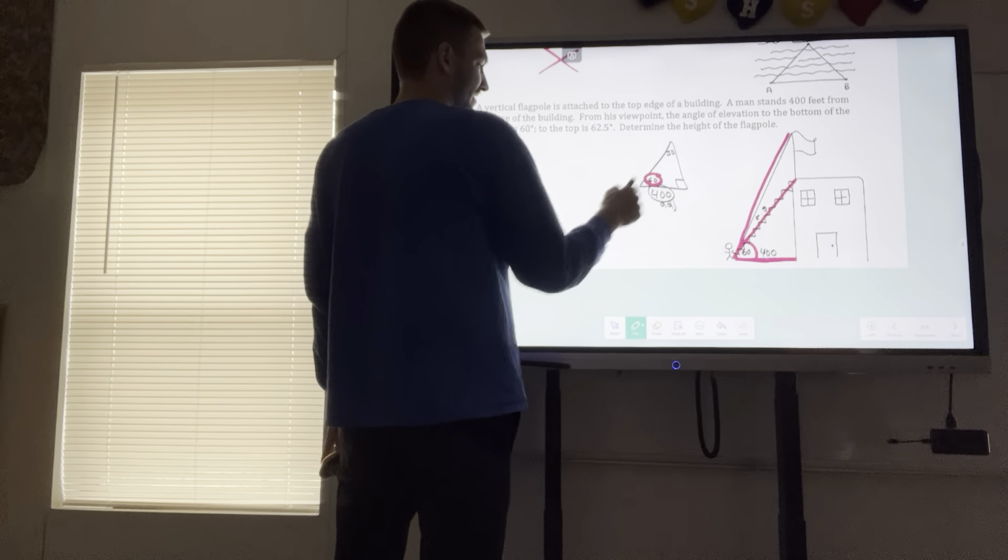H equals 400 over cosine 60. We actually know what the cosine of 60 is because we're unit circle masters. Remember that? Cosine of 60? It is 1/2, Smarty. And when I type all this in, I get that h equals 800.